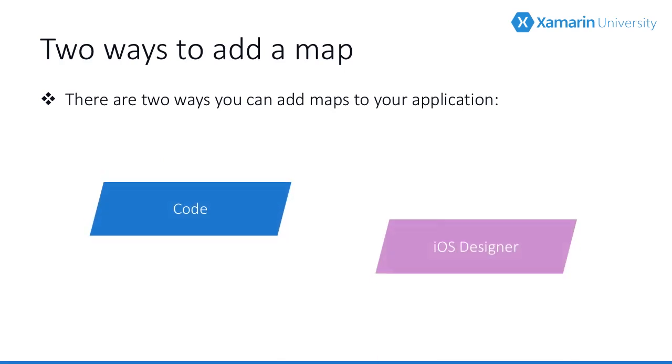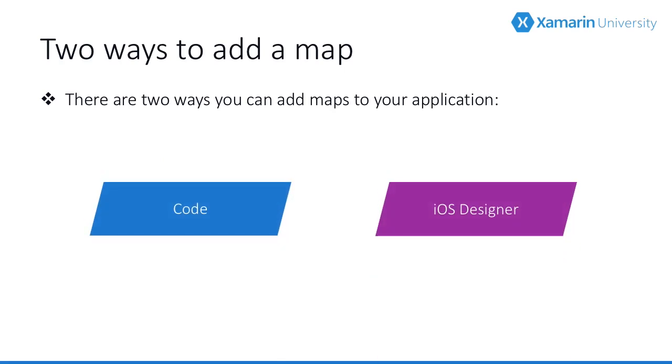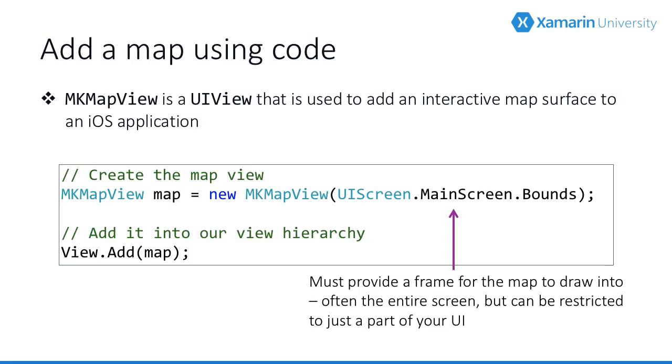We can add maps through MapKit to our apps, either through code or through the iOS designer, much like many of the tools that we use in iOS, right? So to add it through code, we're going to instantiate a new instance of MKMapView. We'll pass it the screen bounds in order to obviously give it some real estate.